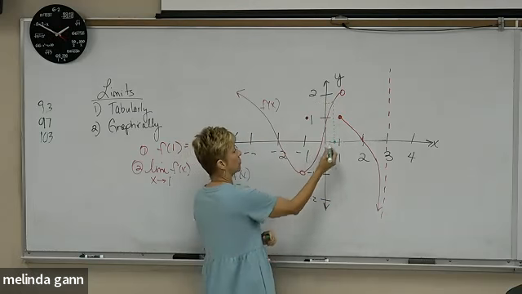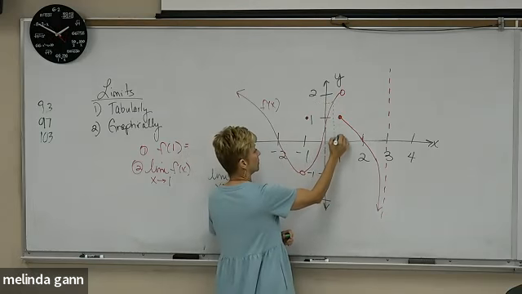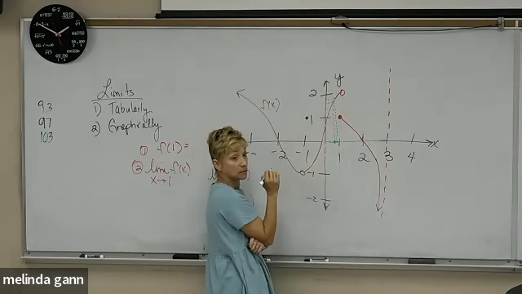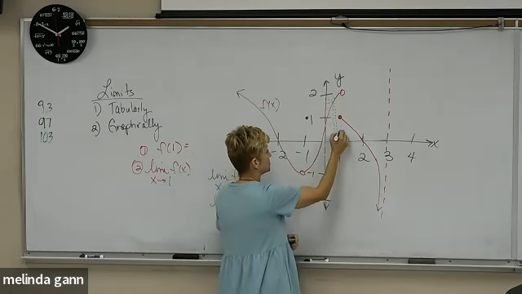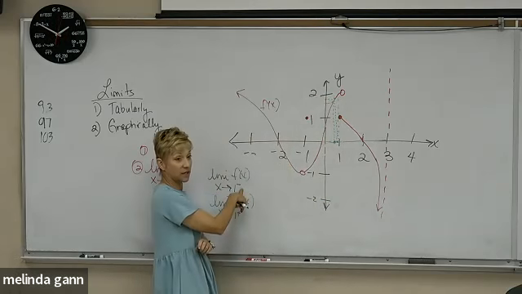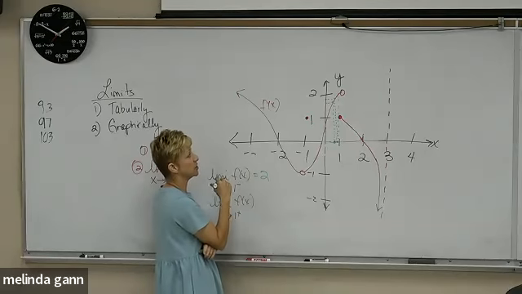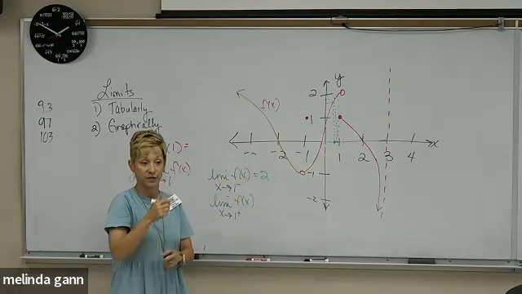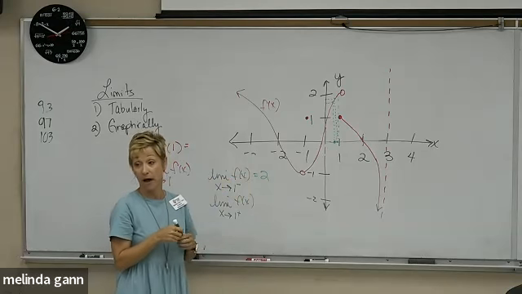Okay, get closer to 1. All right, now I'm up here. What's your guess for this left-hand limit? Looks like it's pretty close to 2. Could be 1.9, who knows, but it looks pretty close to 2. Does everybody agree with that?